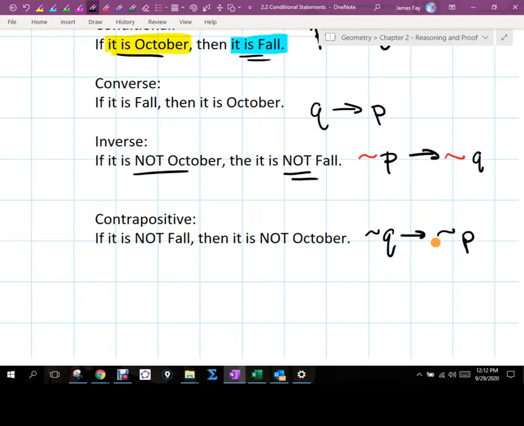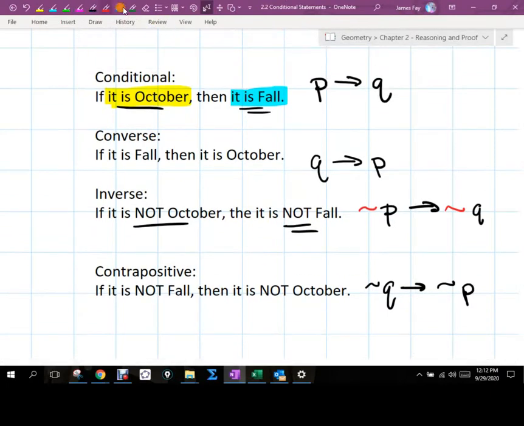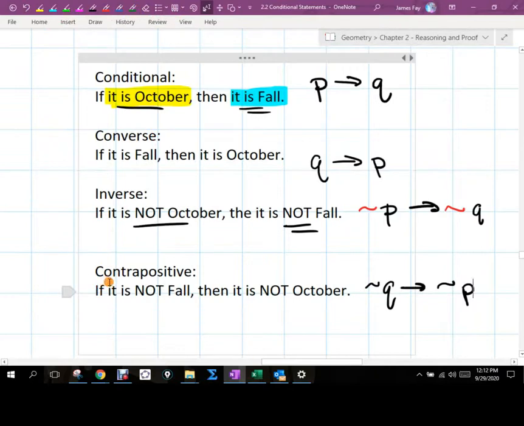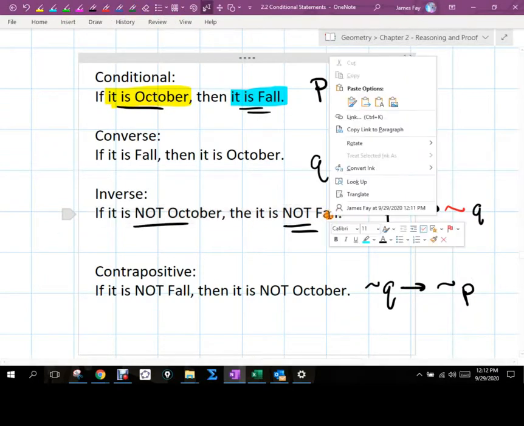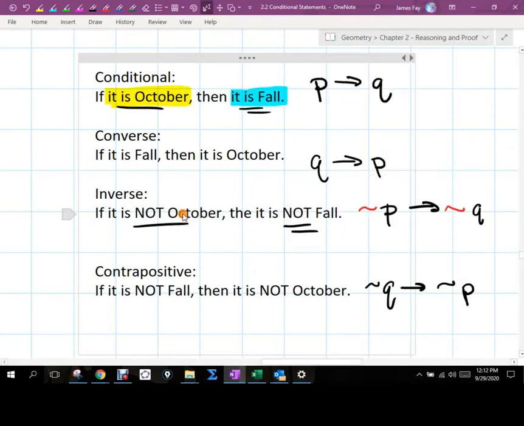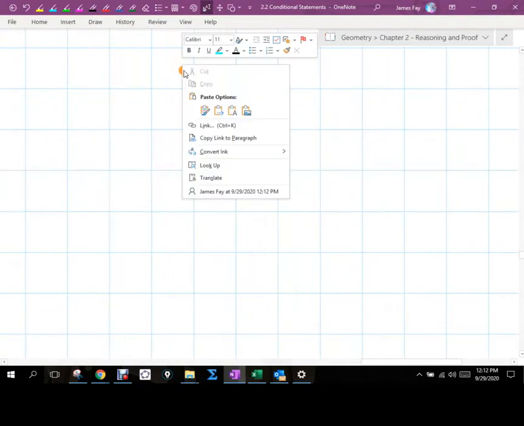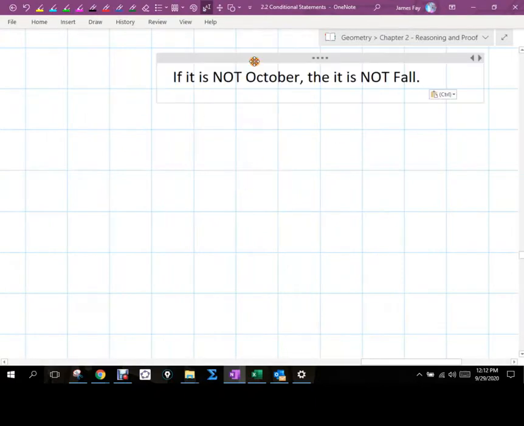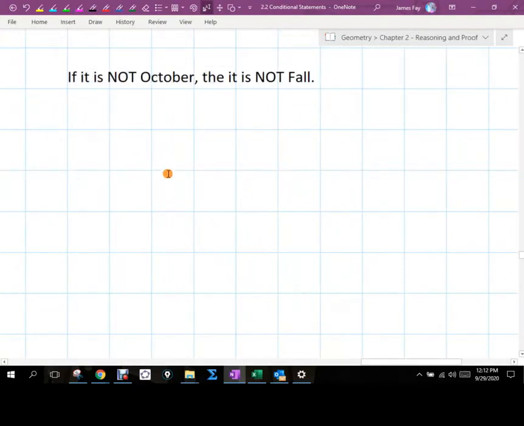Now, let's say that you struggle answering these as true or false, okay? So let's say Mr. Fay told you, we're going to start with, doesn't matter, let's go with this one. So I asked you that question on a test, true or false, okay?